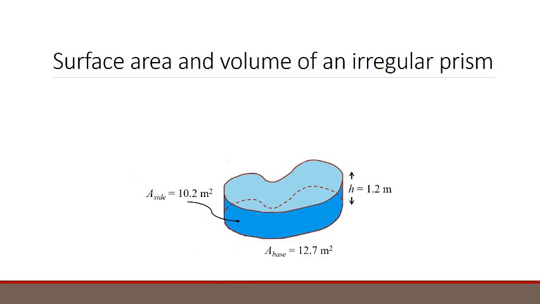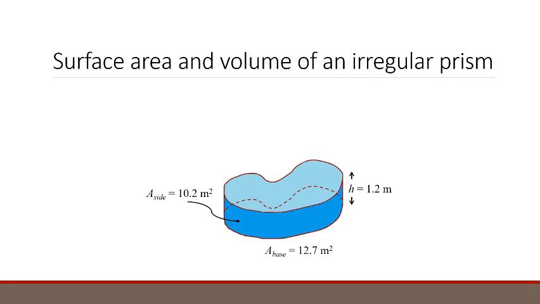Now imagine that we want to find the surface area and volume of an irregular prism. So we don't have a nice neat triangle or rectangle or hexagon or anything that we can find easily. We've got this irregular shaped swimming pool, and it's made by having a kidney shaped wall that's made out of plastic that stands, and there's a base that's the same shape all the way up, that sort of kidney shape, and it's filled with water.